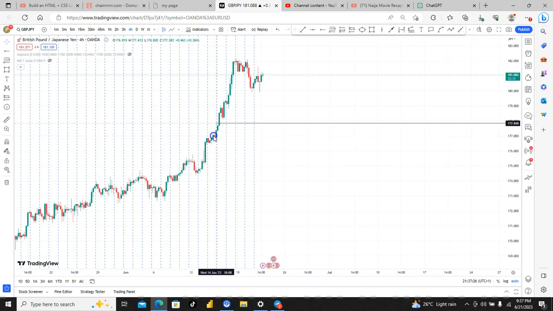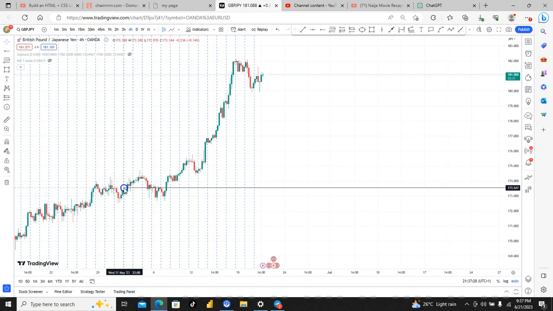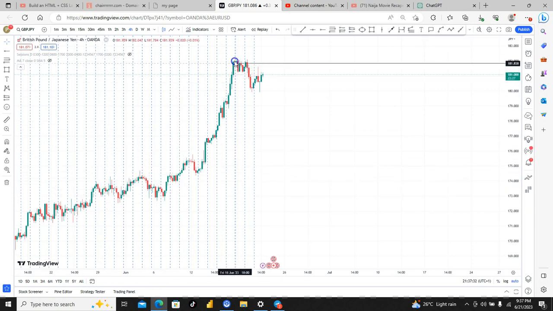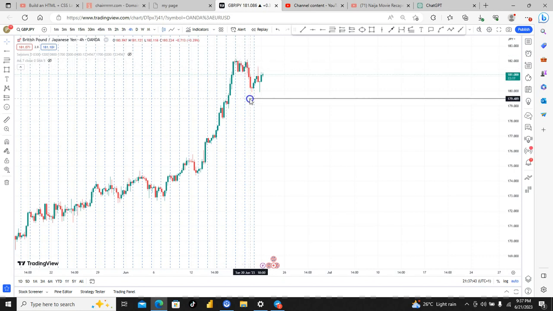It has been going up, breaking all existing previous highs. Not until this point, came up, created a high, went back down, failed to break the high, came back down, failed to break the high, came back down.